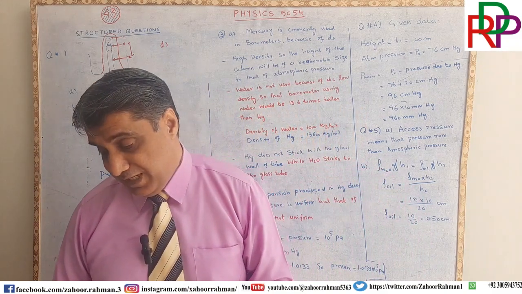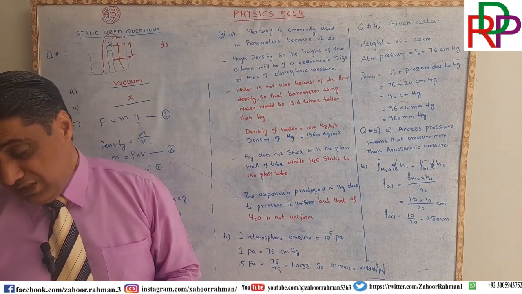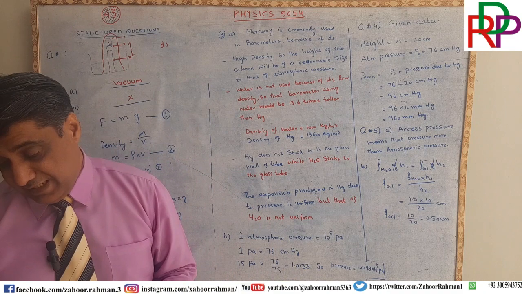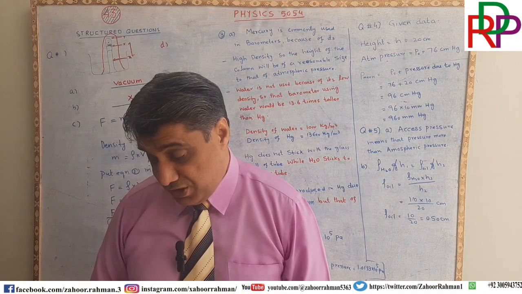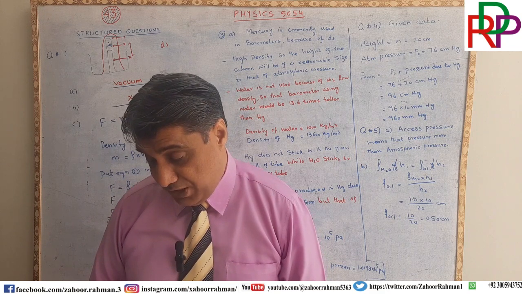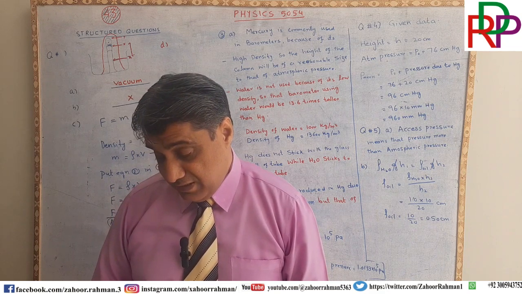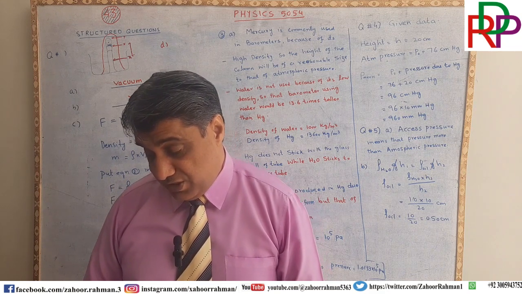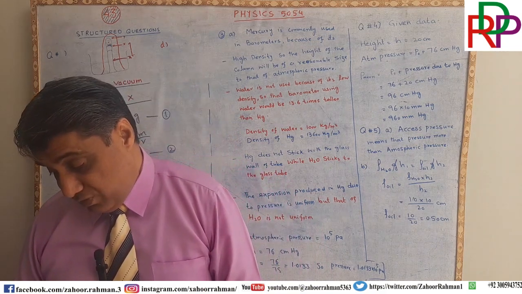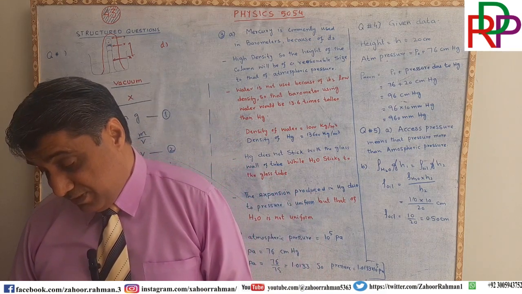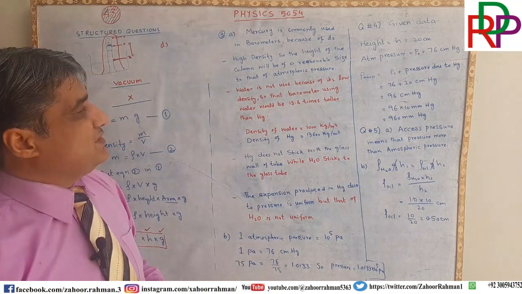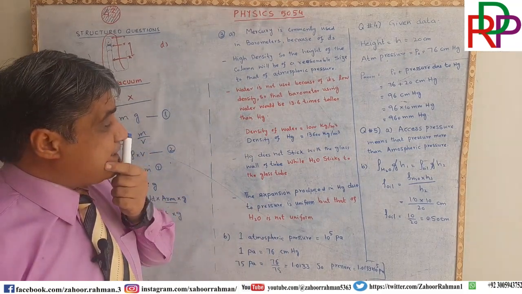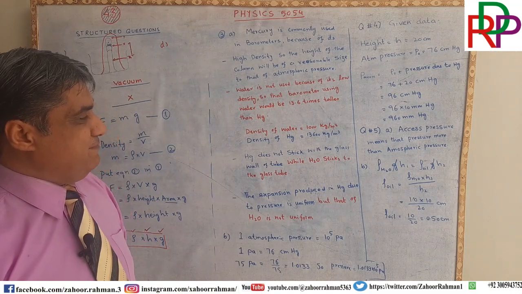Okay, question number 5, which is the last one for today, and that is A part. A U-tube manometer can be used to measure the pressure of gas. Explain how this can be done and what is meant by the term excess pressure. Now we did how the barometer is working, but there is a very important part.